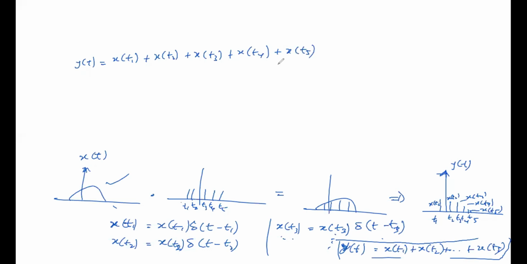And mind you, this is the same as saying S of t sub 1 times Dirac delta t, which is a shifted version, plus S of t sub 2 times Dirac delta t minus t sub 2, plus all the way to S of t sub 5 times Dirac delta t minus t sub 5.